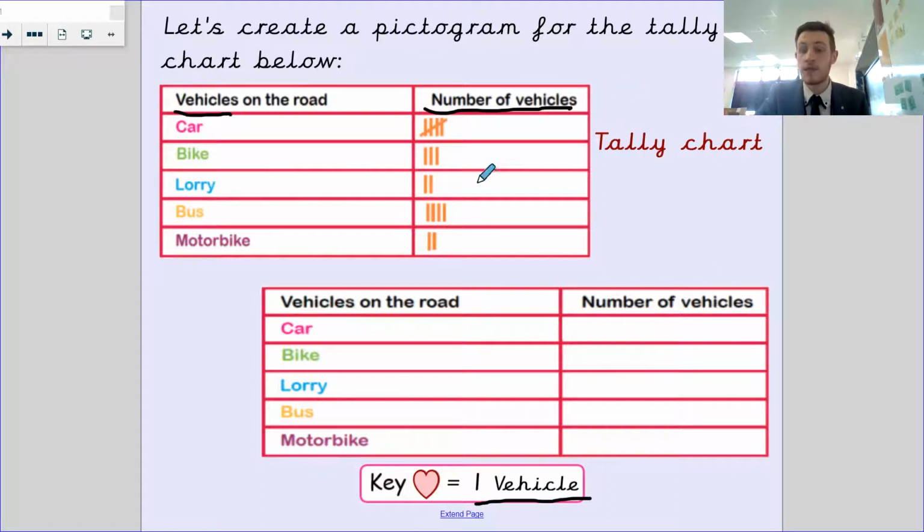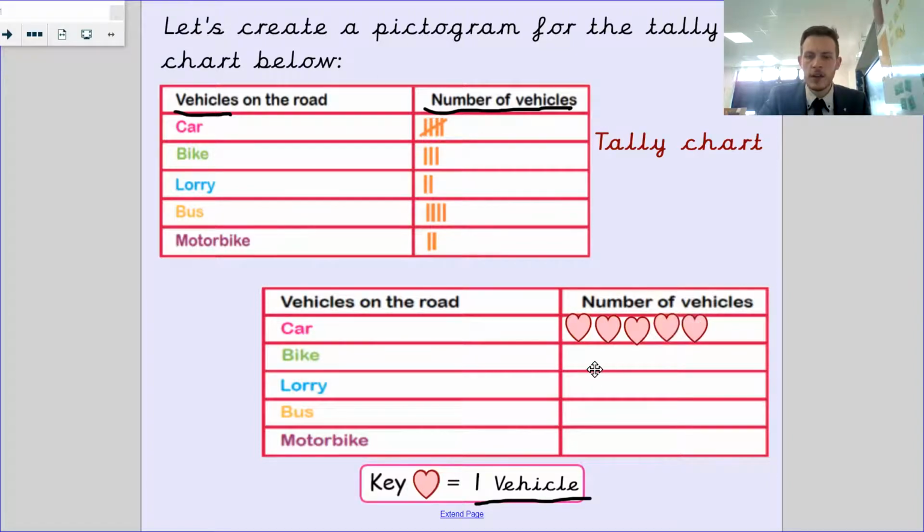That means it's a full group of 5. So I know that for my pictogram, I need to put 5 in this box, but I'm not going to put the number 5. I'm going to make it a pictogram. So I need to put 5 hearts. So there's one, and then another one, and another one, and another one, and one more.